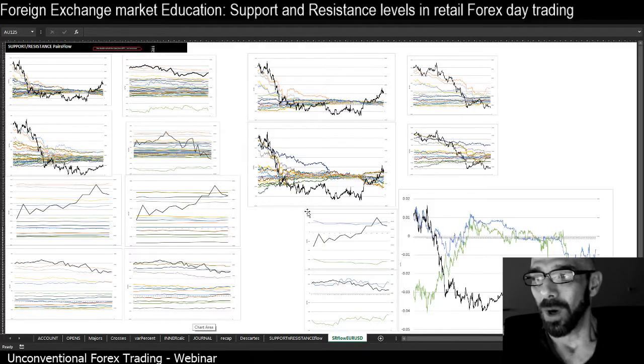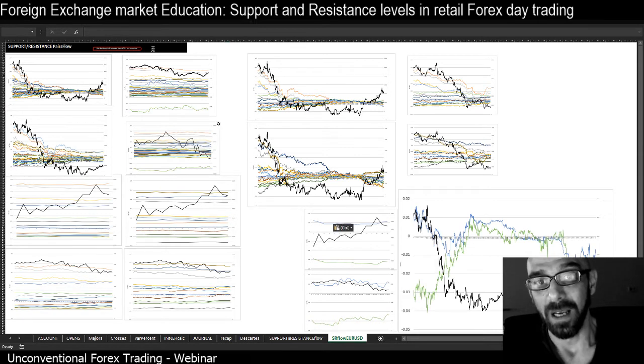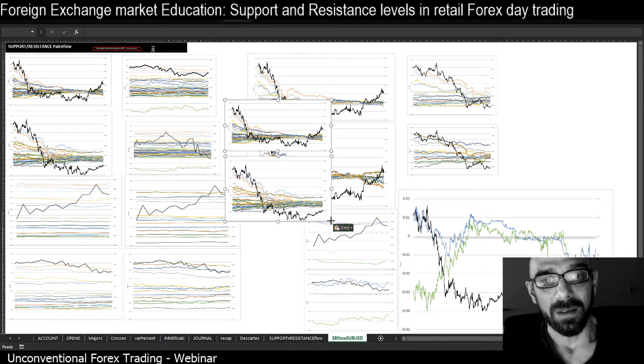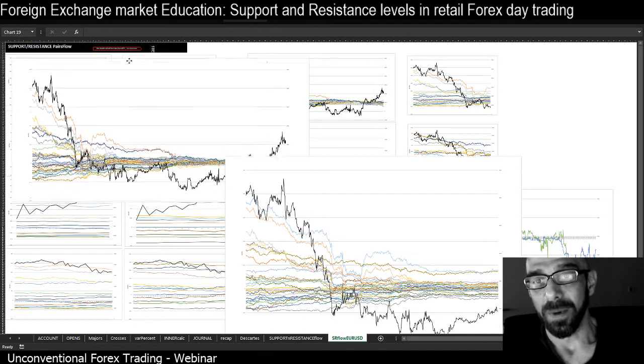And what you can see now here is something that you will never see in a normal chart of a trading platform. I just prepared it for you to show.